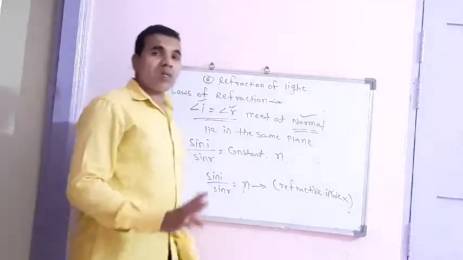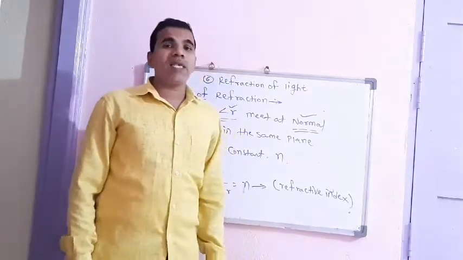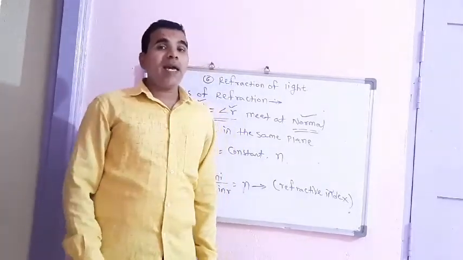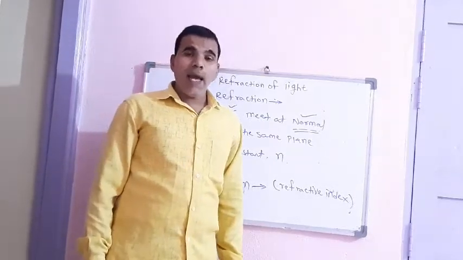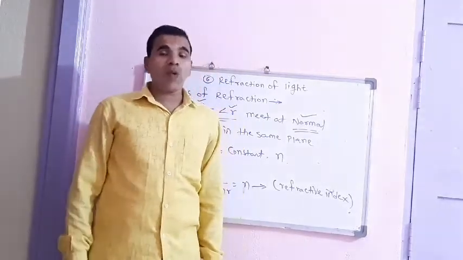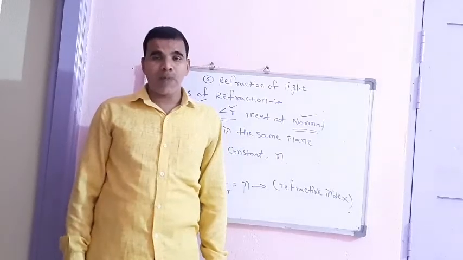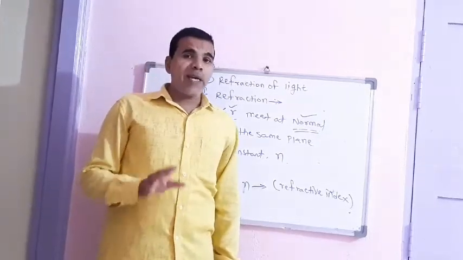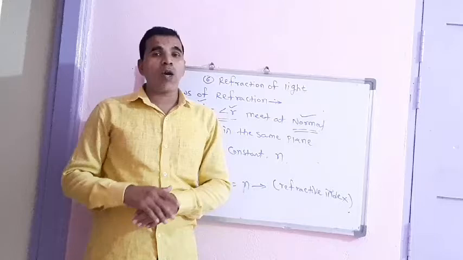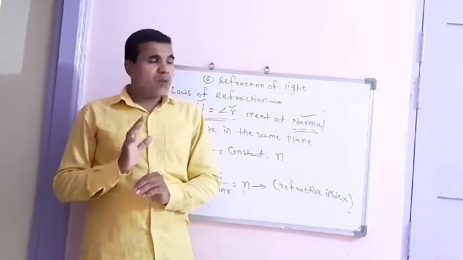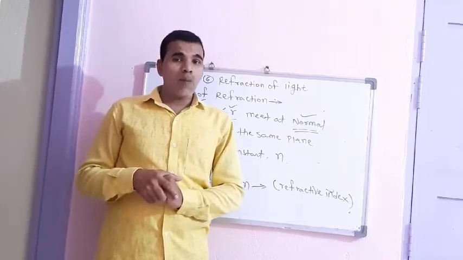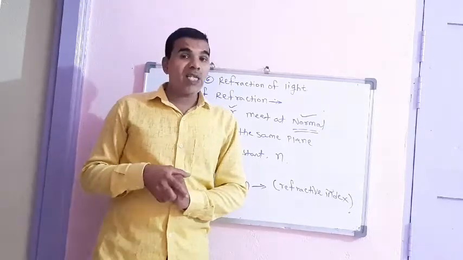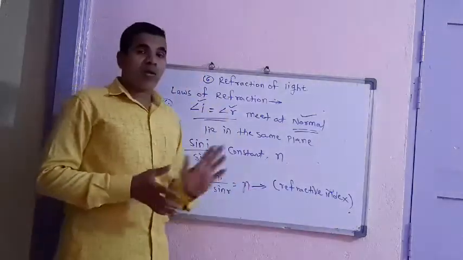For different substances, the refractive index is different. Air has a refractive index of 1.0003 and diamond has 2.42. So refractive index depends on the velocity of light. In the next period we will discuss the next point related to refractive index.